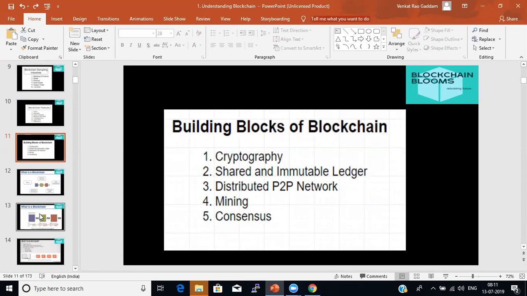The data recorded on the blockchain will be immutable. If someone tries to modify it, that should be informed to all other nodes in the network, and only if they approve will it be impacted. So that is highly impossible.